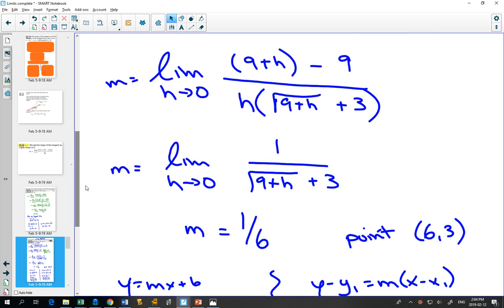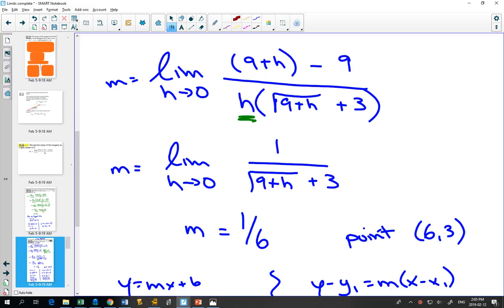After multiplying them out, everything nicely cancels out. Notice on the bottom, I multiplied out the numerators, but I didn't multiply out the denominators. I wanted to keep this h factored out, because that's the thing that we want to cancel out. And we can see here that after I do 9 minus 9, the h on the top is all that's going to be left.